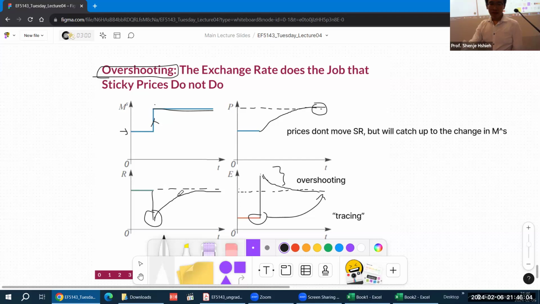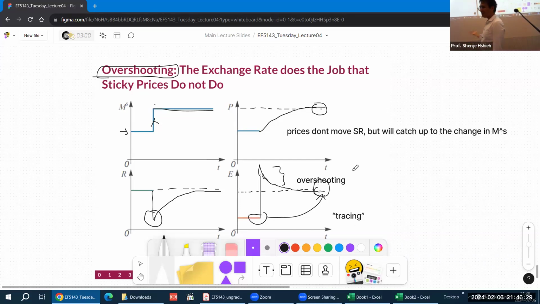And because of this sticky prices and interest rate change, we see an overreaction, right? We see an overreaction in E in the short run. But as price levels erode that monetary policy effect, we will eventually revert to a lower level, but yet still elevated level, okay?